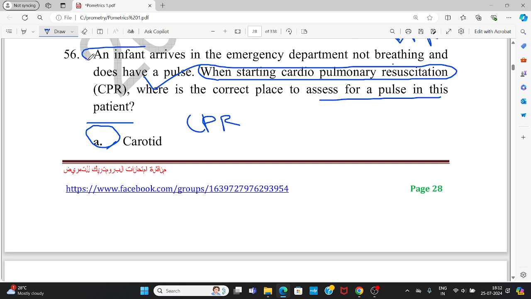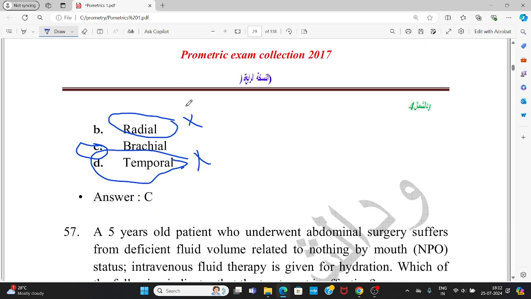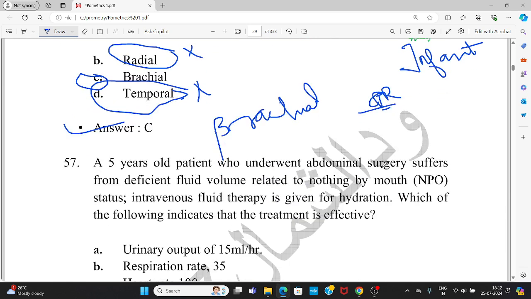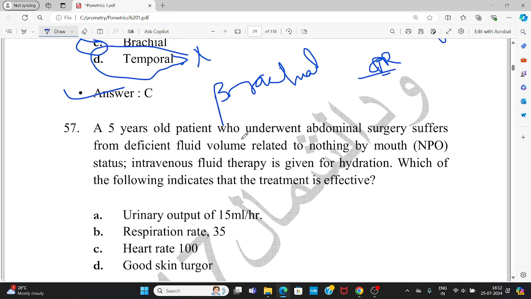For an infant, the answer will go as brachial. Okay, for brachial. For an infant, when you start CPR, it is brachial.